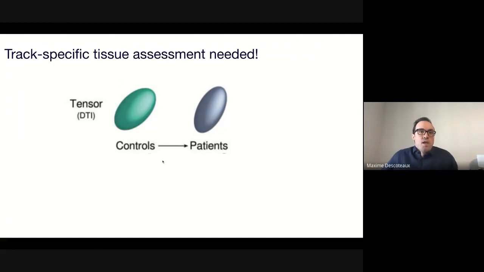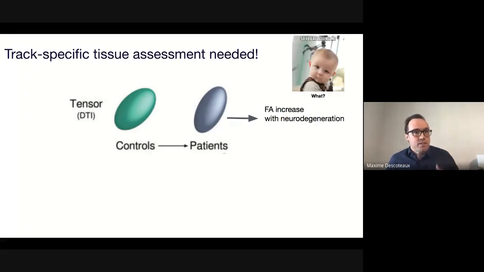Okay, thank you. The other important thing is, and this is a nice illustration here, imagine you have two groups, a control group and a patient group, and suddenly you see that in your patient group, your tensor seems to be more elongated. That means essentially that FA is increasing with pathology, with neurodegeneration. And so this is a nightmare for scientists and doctors, like, what?